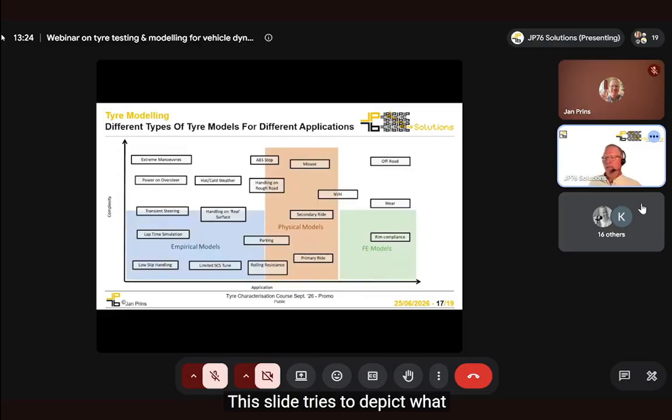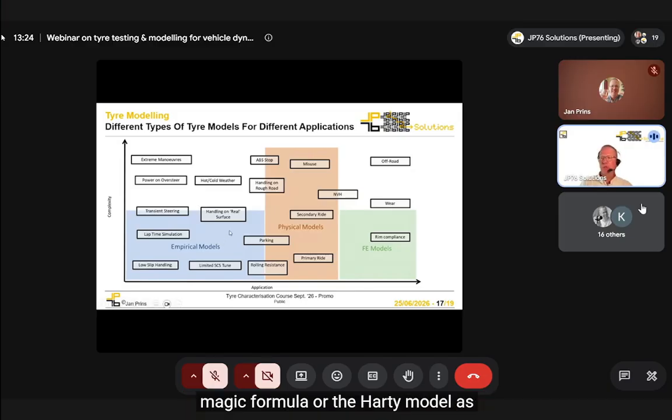This slide tries to depict what sort of different tire models you might use for what kind of whole vehicle simulation maneuvers or test scenarios, or whatever you want to call them. We're not going to dwell on them too much, but for empirical models, think Magic Formula or the Harty model as just described, and models like that.